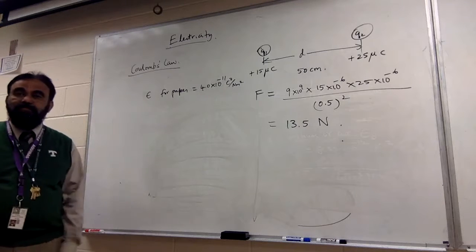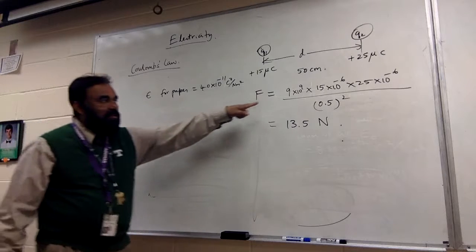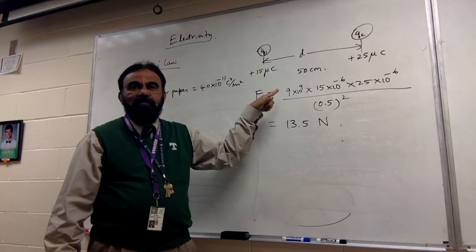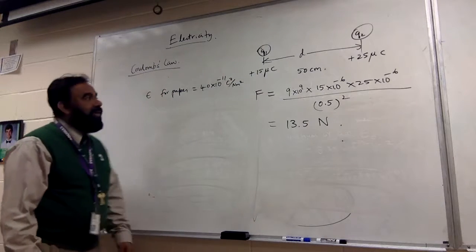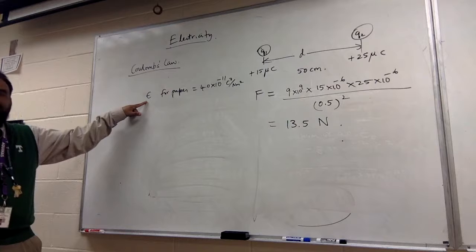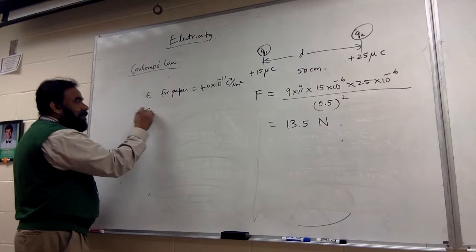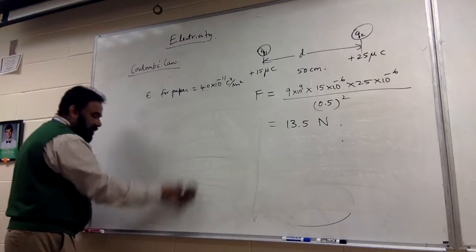This is for paper. Then what do you do? In the equation, you can't put 9 times 10 to the power 9 straight away. You have to use 1 over 4 pi epsilon. So the epsilon is going to change, right?